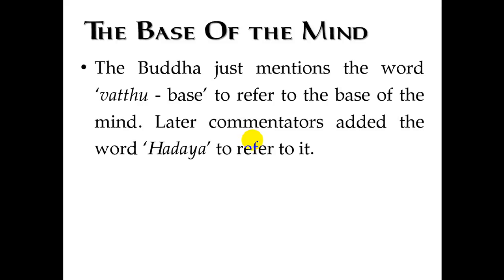Based on that, the mind arises. So the Buddha used Rupa, meaning material form, just a normal word, right? And also the Buddha used Vatthu, only two words. But commentators, they use another one, Hadaya Vatthu, right?